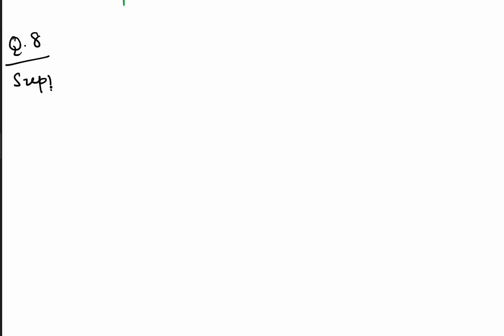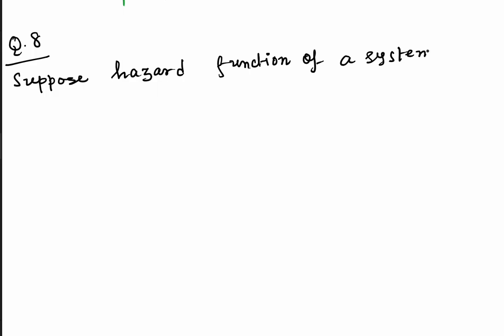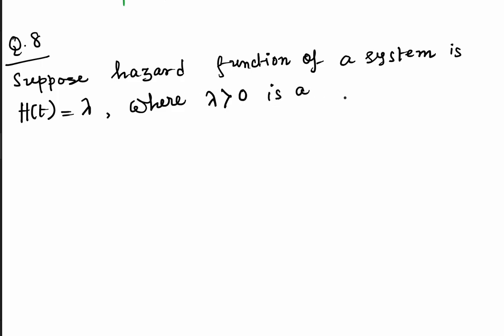Suppose the hazard function of a system is h(t) equal to lambda, where lambda greater than 0 is a constant.